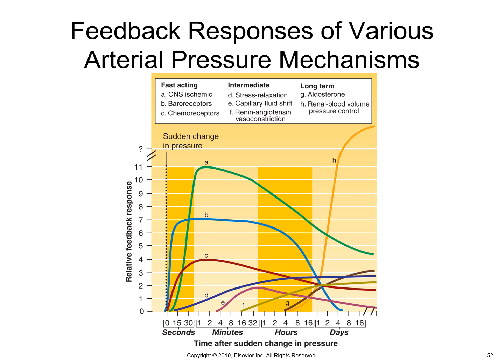So basically, how much time is it taking for the response to happen? In terms of the fast acting responses, the seconds to minutes, we have a CNS ischemic response. So we're looking at the letter A.